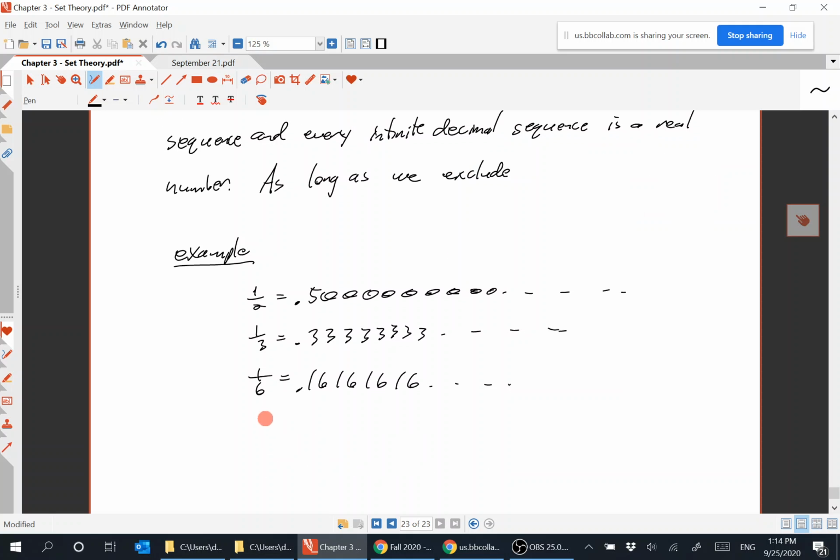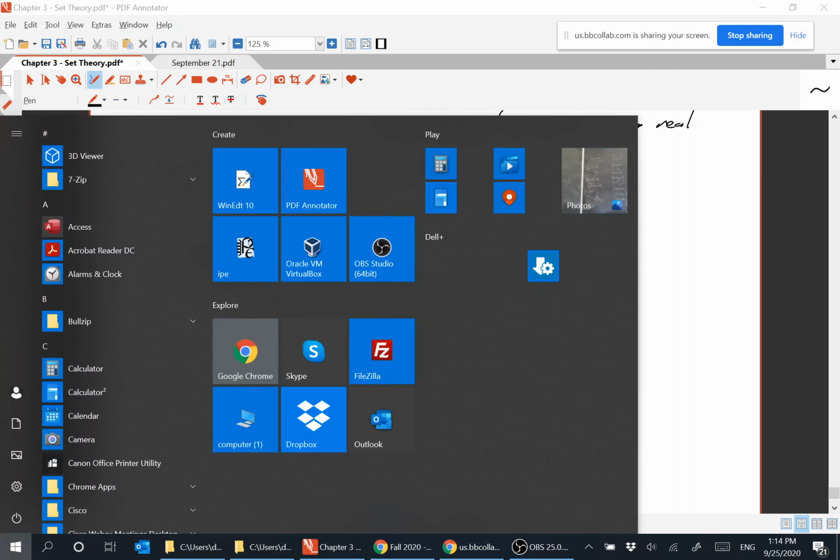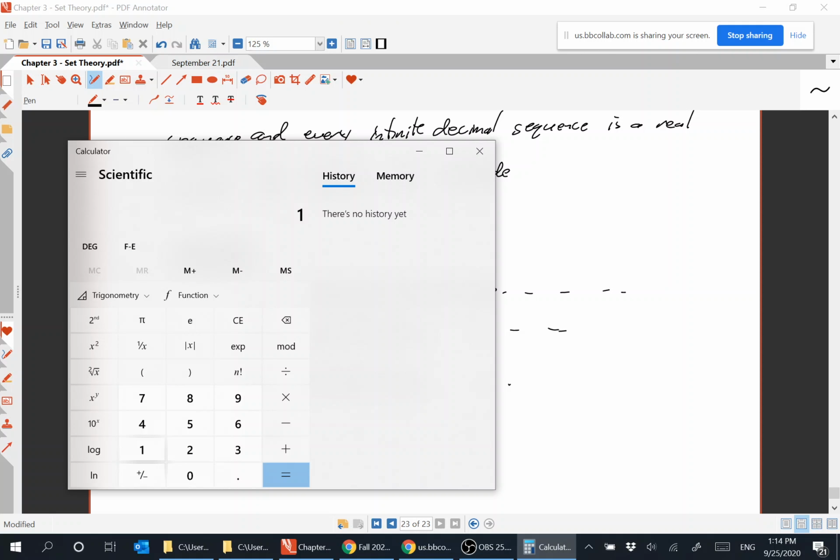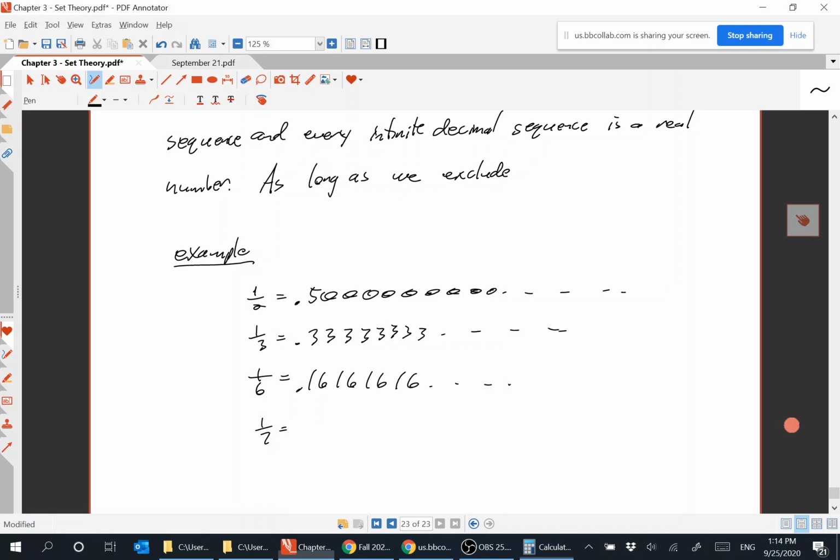Does anyone remember what 1/7 is? It's got a large decimal expansion: 0.142857, 142857.